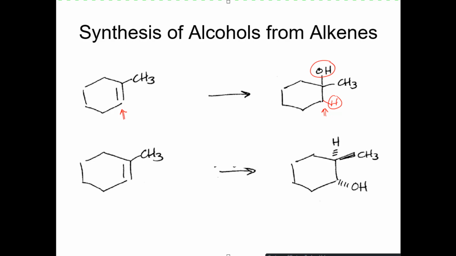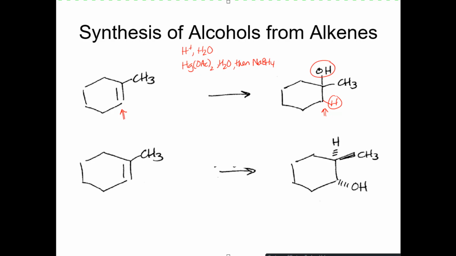Well, I could use H plus, H2O. What else could I use? I could use Hg acetate, mercury acetate, water, and then sodium borohydride. That's oxymercuration-demercuration from last class.